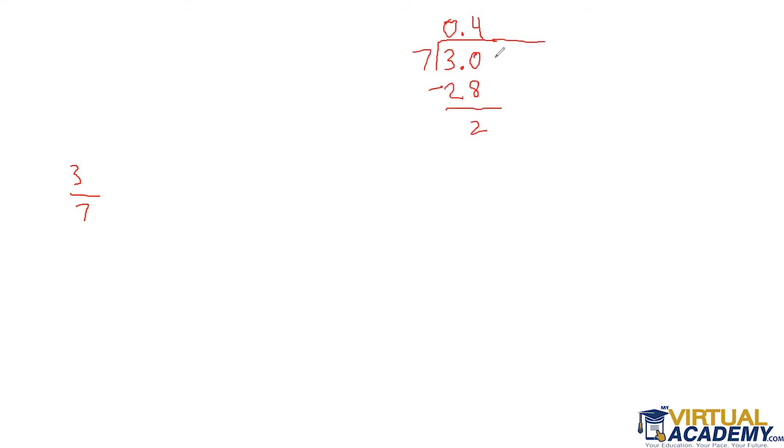Didn't get 0, so we have to create a 0, bring it down. 7 goes into 20 2 times. 2 times 7 is 14. Subtract, we get 6. We didn't get 0, so we have to do another 0, bring it down. 7 goes into 60, 8 times. 8 times 7 is 56, right?